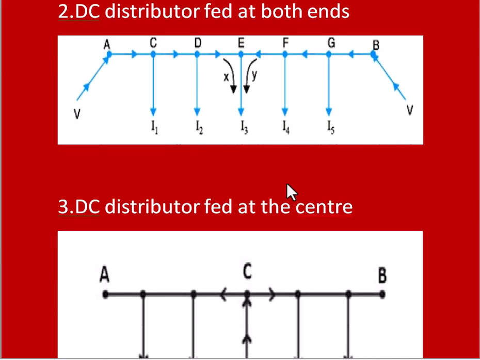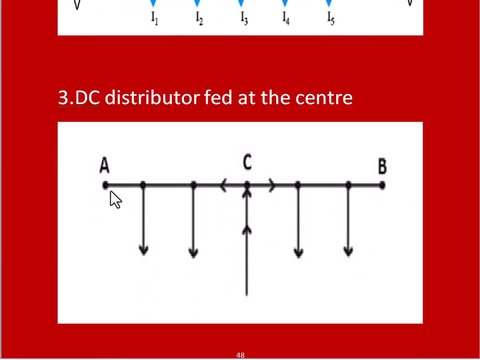Similarly, there is a third type of DC distributor, that is a DC distributor fed at the center. So here also the AB line represents the DC distributor with several loads connected at various points on the distributor like this.